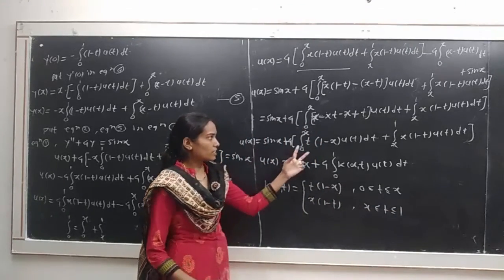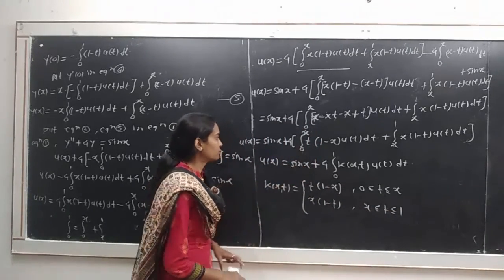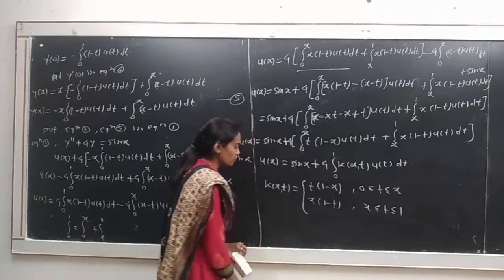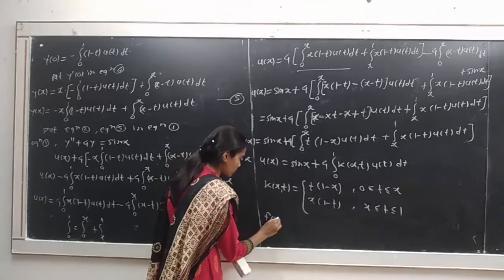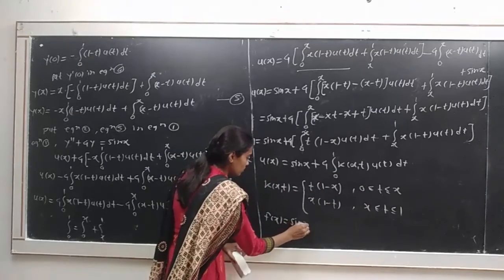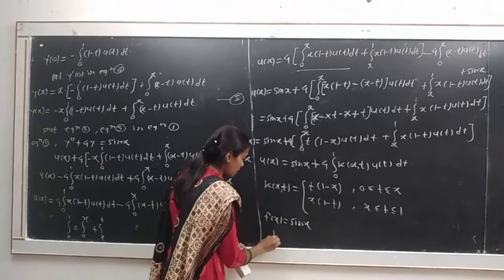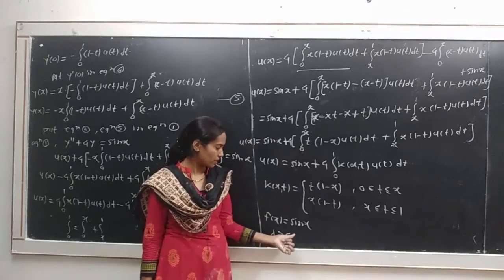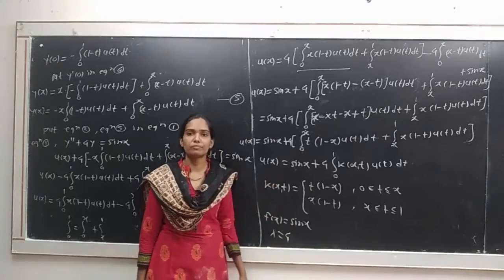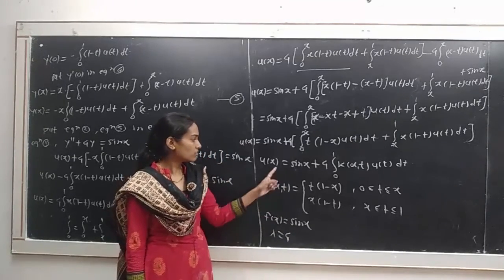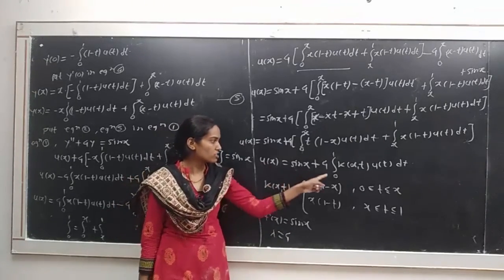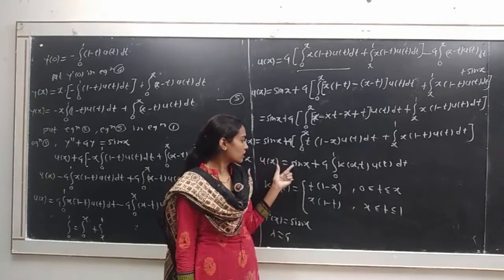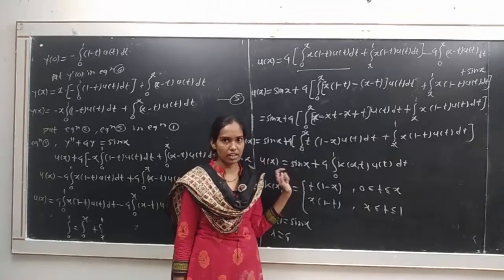That is, we get here the kernel split into two intervals, from 0 to x and x to 1, and the value of f of x will be equal to sin x and lambda will be equal to 4. Here the function f of x is present, therefore the given integral equation will be the Fredholm linear integral equation of second kind, because the limits are constant.